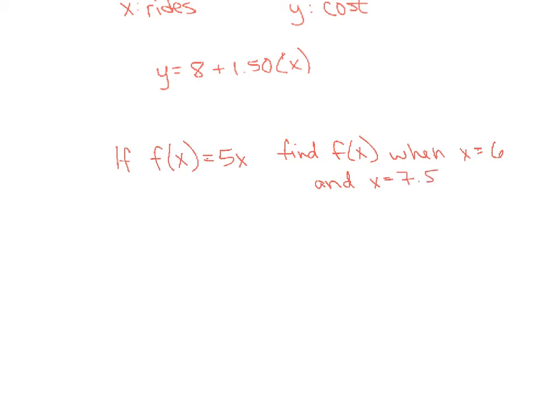So all you're going to do is say, okay, f of x equals 5x, and they want to know what that equals when x equals 6. So you do f of 6, because you're putting 6 in for x, equals 5 times 6, and f of 6 equals 30, and you stop.